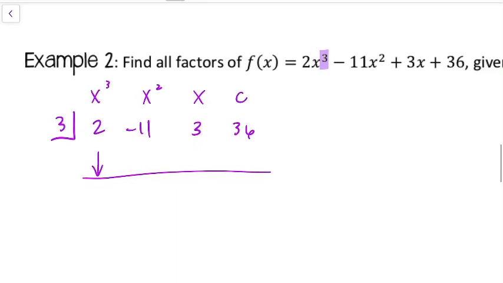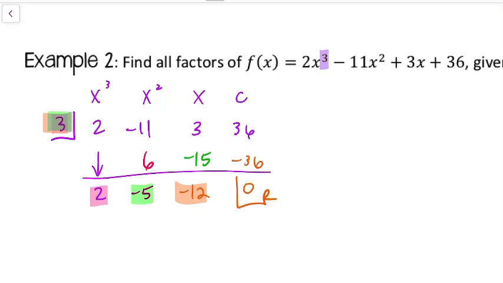And we'll perform this synthetic division. So bring down the 2, multiply 3 times 2 to get 6. And we add -11 plus 6 will give us a -5. Multiply 3 times -5 to get -15, and we add 3 plus -15 will get us -12. And sure enough, if you're noticing, when we multiply 3 and -12, we'll get a -36, which means that our remainder is 0.